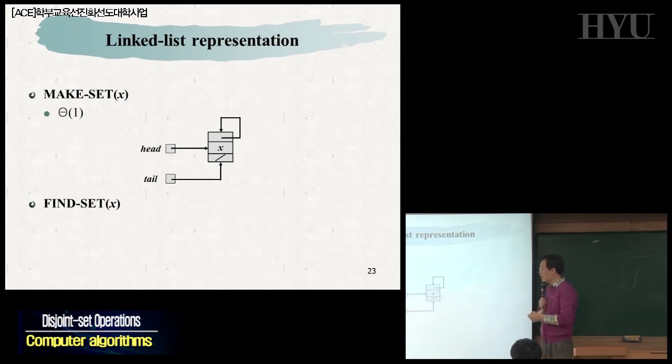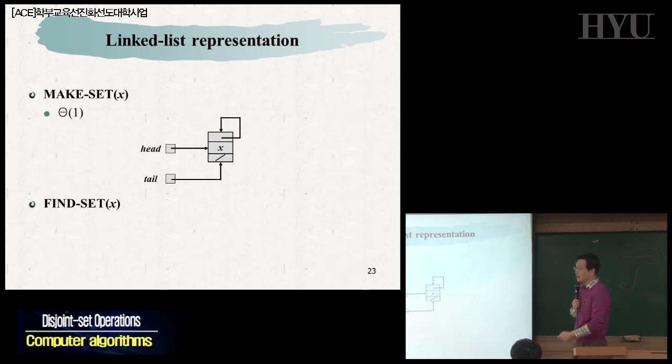We create a node having only X, and it has no next node, so it becomes the head. It becomes both the head and tail of the list, and it also becomes the representative member of the list. Okay, this is the make set operation.